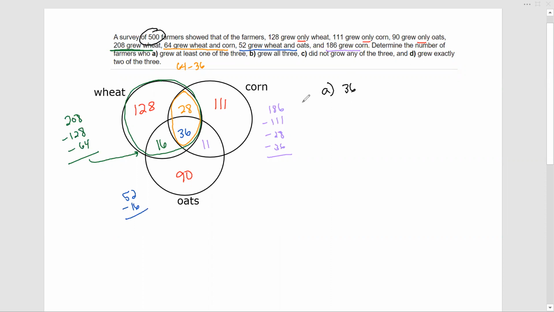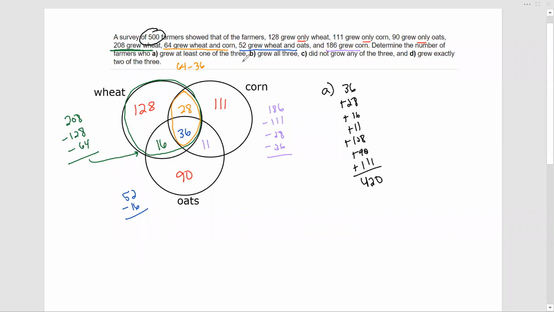I'll do 36, and then I'll add the 28 and 16 and 11, and then I can add that to 128, 90, and 111. So I'm adding up each of these individual numbers. 128 plus 111 plus 90. I'll add 16, 11, and 28, and then I add 36, and I get 420. So that's actually our answer for A.